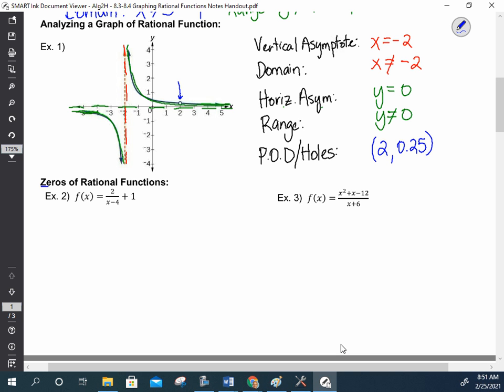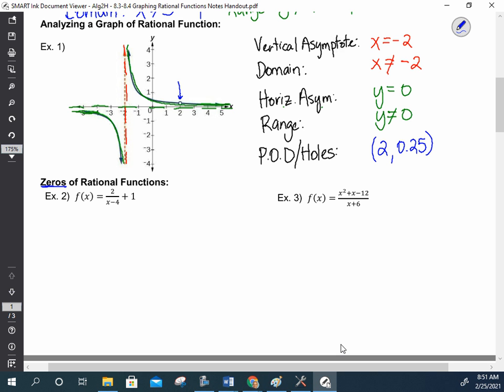So we're going to start with zeros. Zeros means the values that make the function equal 0. Examples 2 and 3 are two different scenarios.